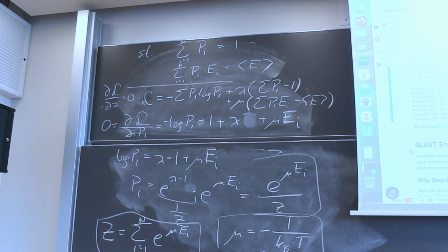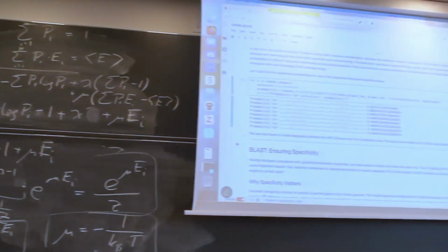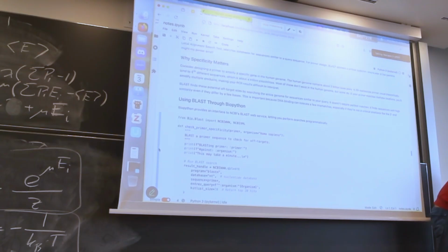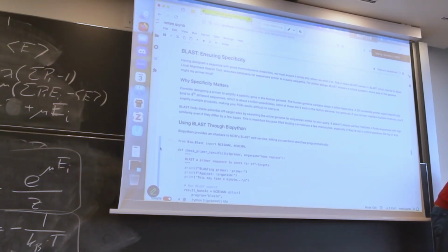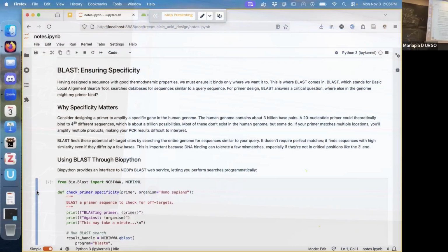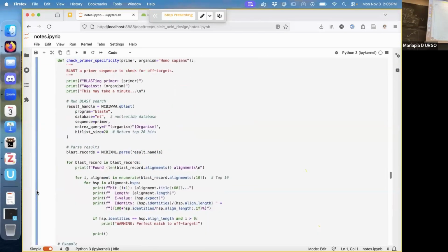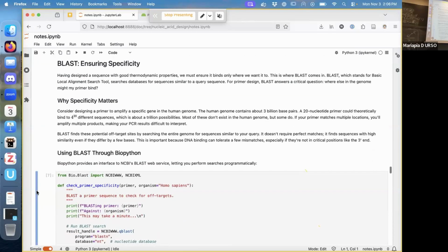Okay. So this was some thermodynamics. Once we've taken care of the thermodynamics and we're happy with it, meaning that there's no secondary structure, no harsh binding between forward primers and reverse primers and so on, there are a few other things to check. One of them is what's called blasting.